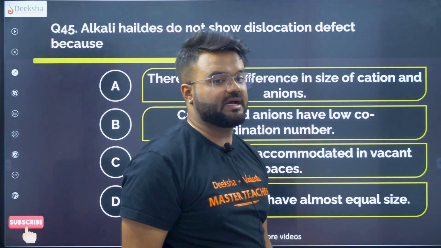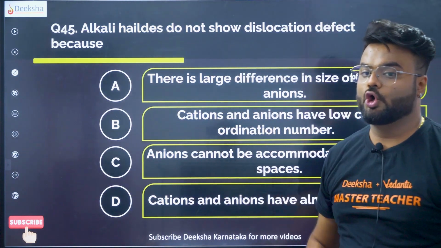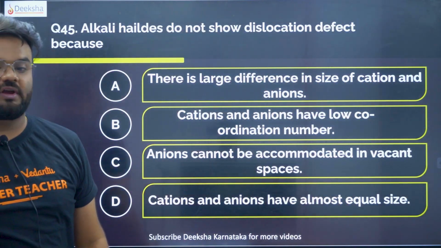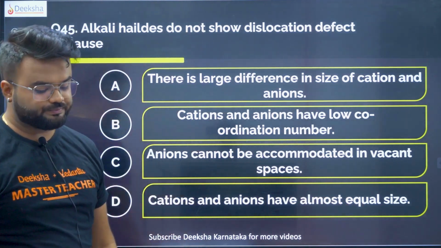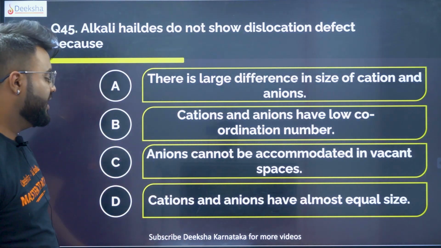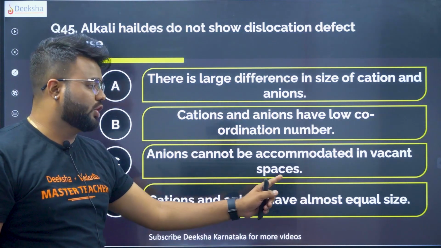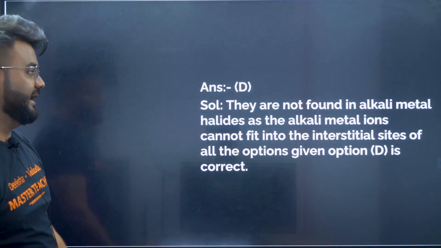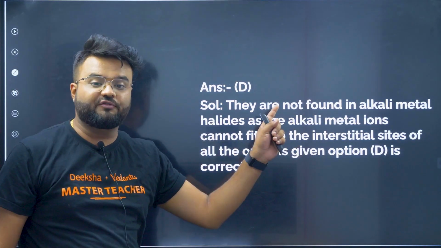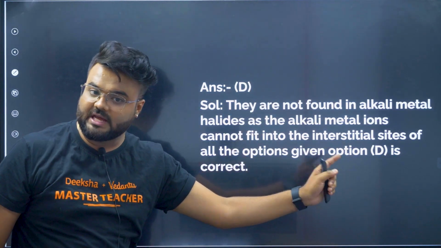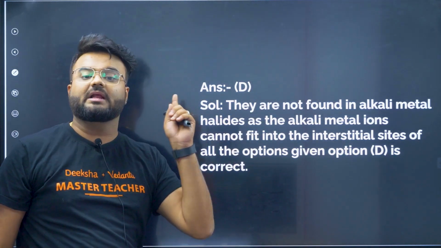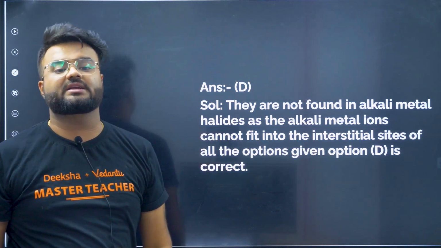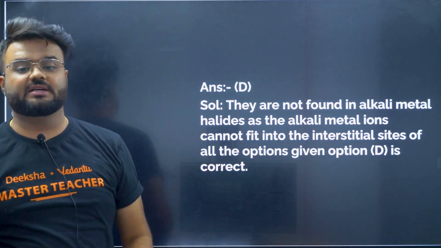Now, alkali halides, that is alkyl halides do not show dislocation defect because dash. That is nothing but your cations and anions are almost equal size. Now let us see what is the correct, because they are not found in alkali metal halides, as alkali metal ions cannot fit into the interstitial sites of all the options.